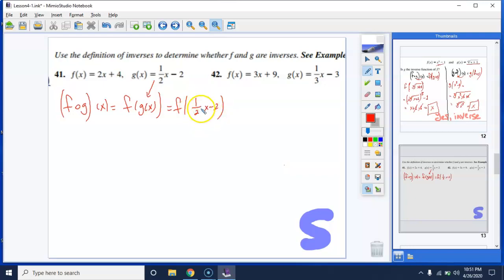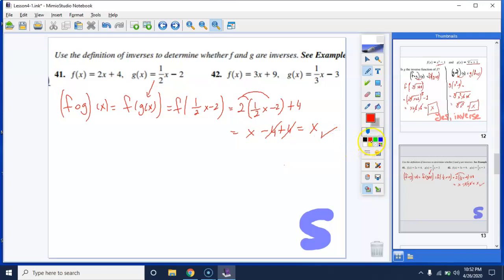I'm going to take this and go to the f function: 2 times (1/2 x minus 2) plus 4. Let me calculate this. Distribute: 2 times 1/2 is just x. 2 times negative 2 is negative 4, plus 4, so we end up with x.